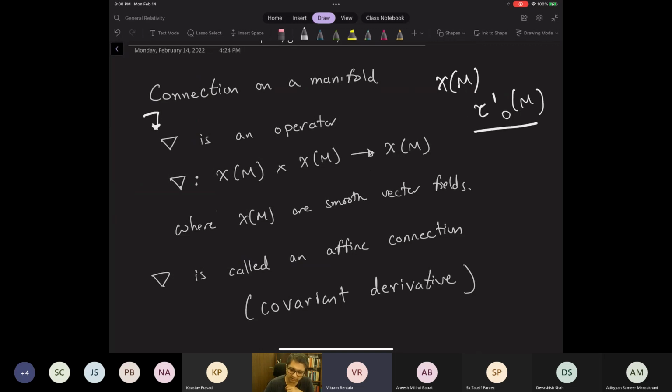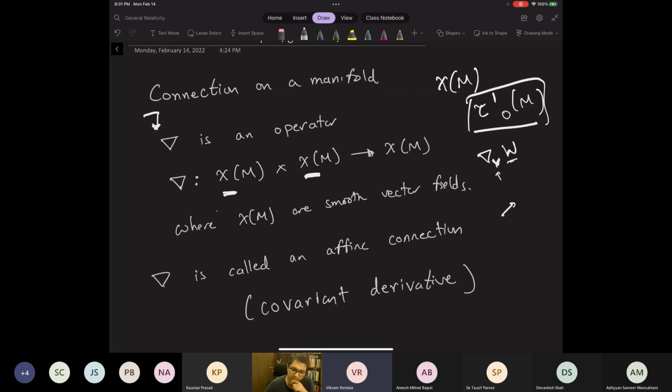So these are smooth vector fields over the entire manifold. I take two smooth vector fields as input. What are these inputs? One is the direction along which I'm taking the derivative. So v at every point gives me a direction on the manifold in which I'm taking the derivative, and w is the vector field of which I am taking the derivative.